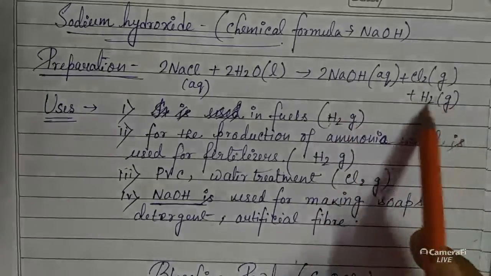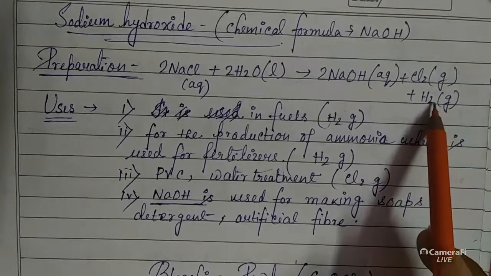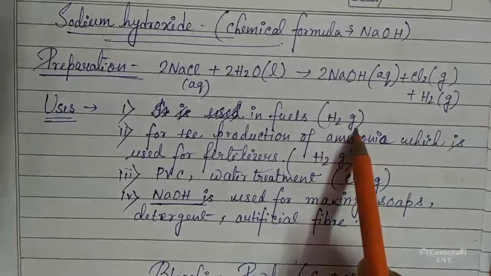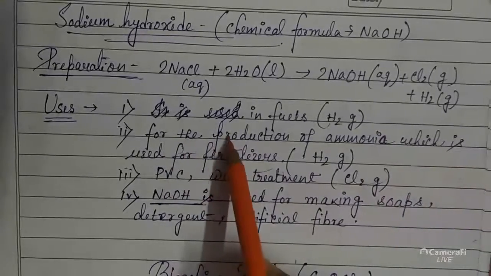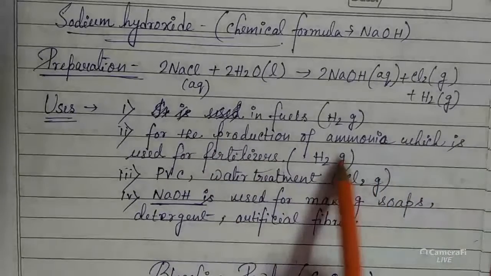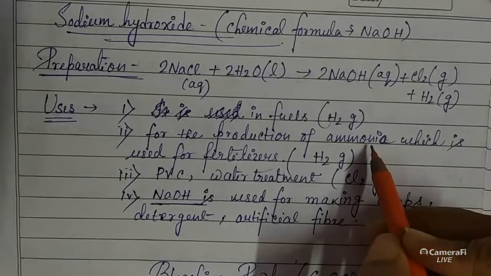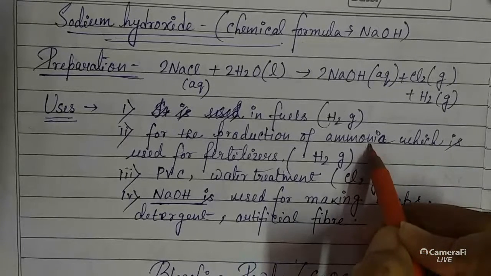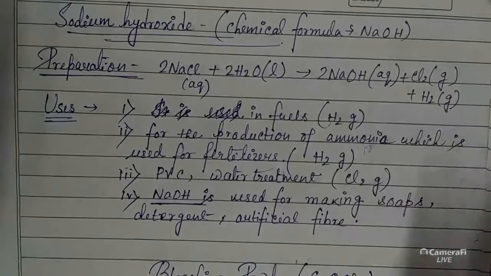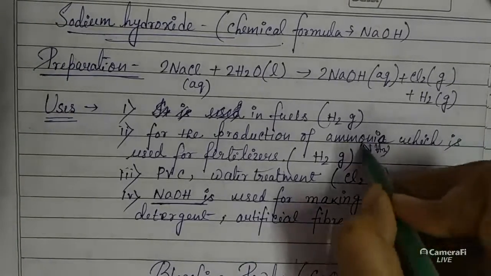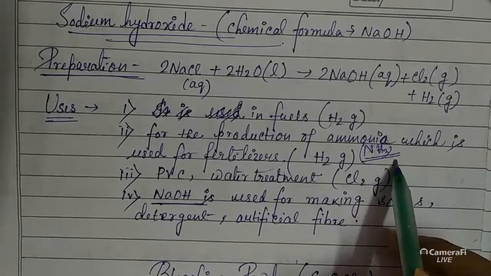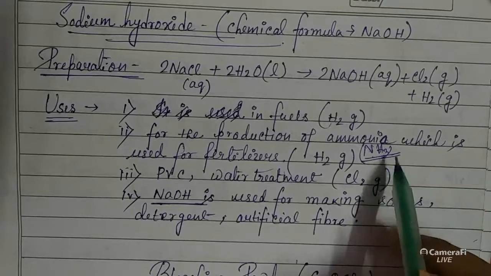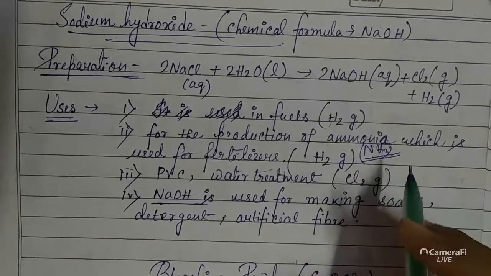And hydrogen gas is also produced by this reaction. This hydrogen gas we can use in fuels, and also for the production of ammonia. The chemical formula of ammonia is NH3. In the reaction, hydrogen gas reacts with nitrogen gas.